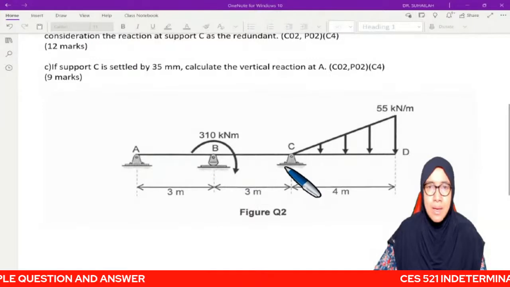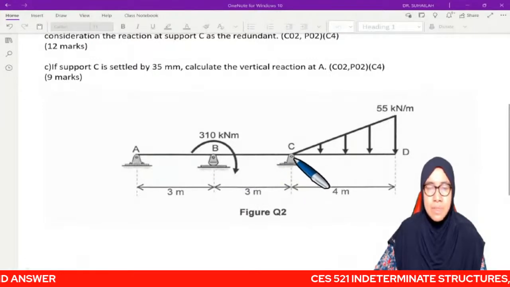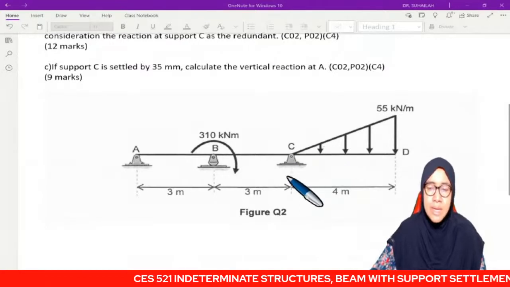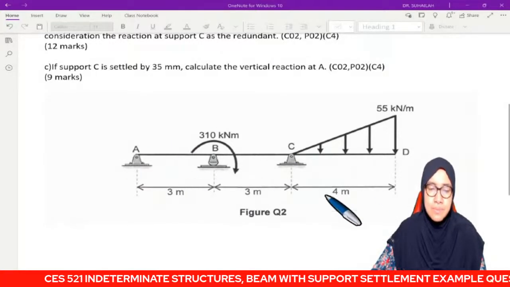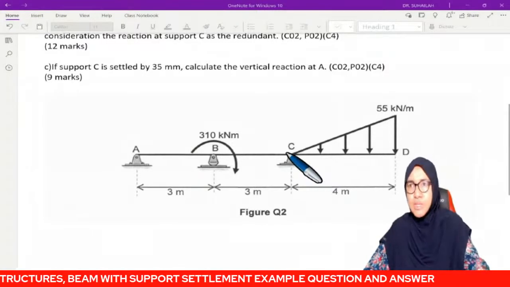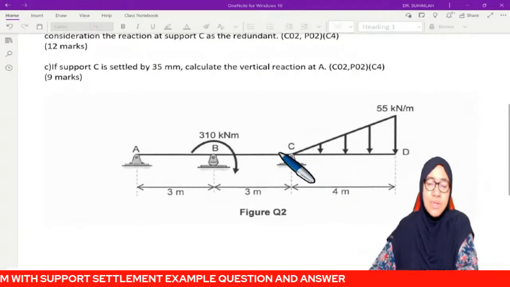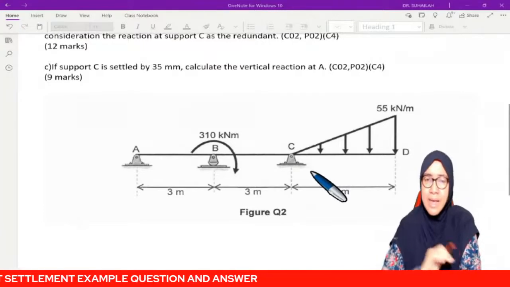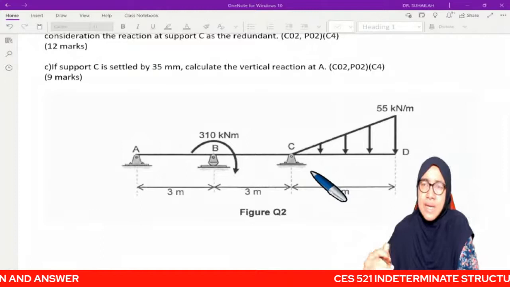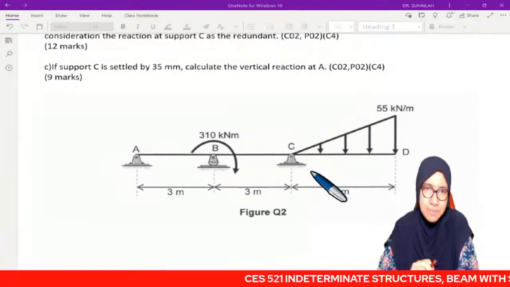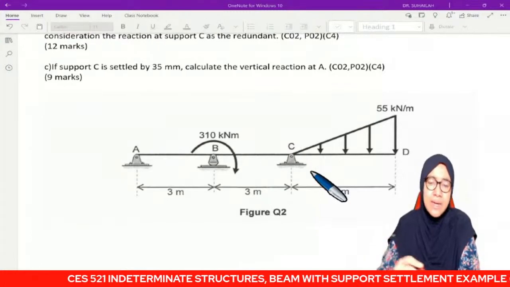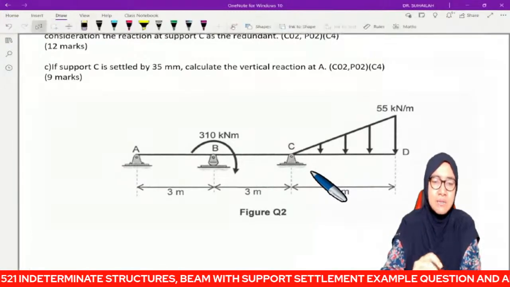Means that we have to remove support at C. By considering there is no axial deformation as well as axial forces, we already know that AX and CX are equal to 0. Means that we can actually ignore CX as redundant.